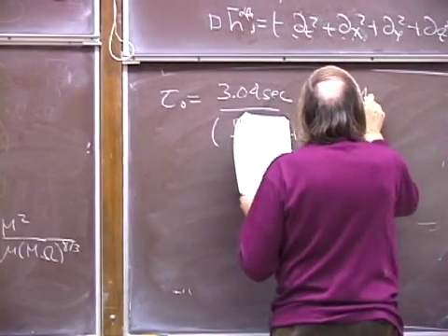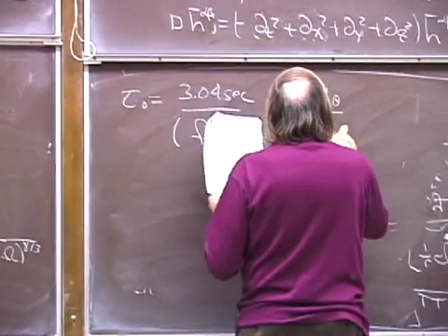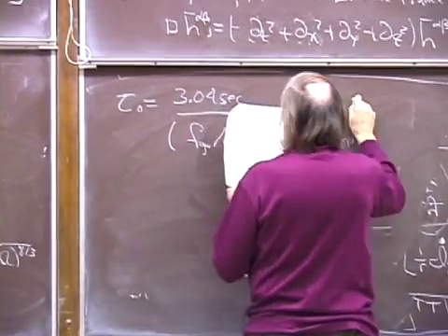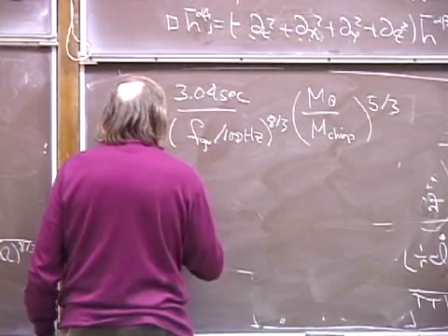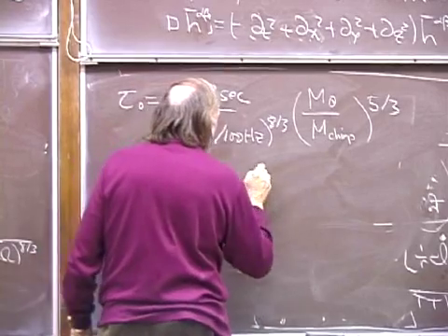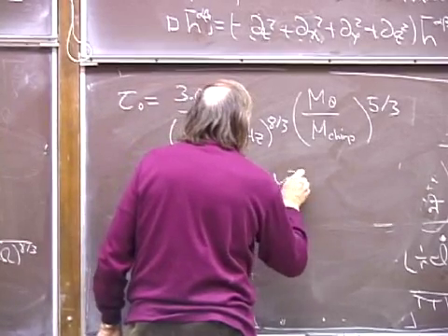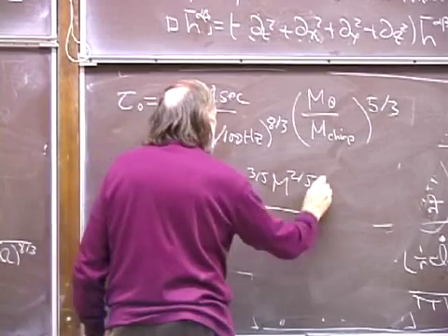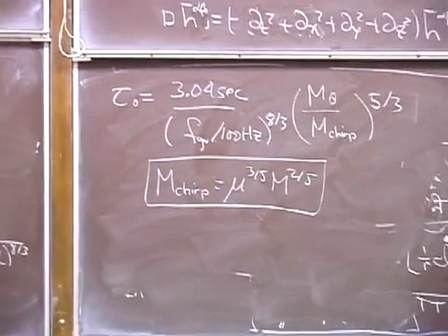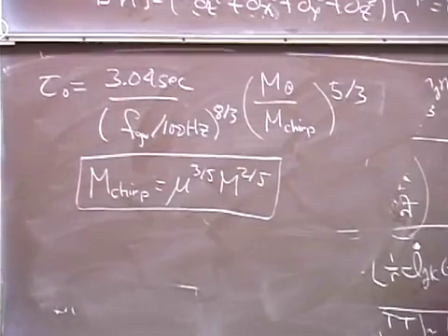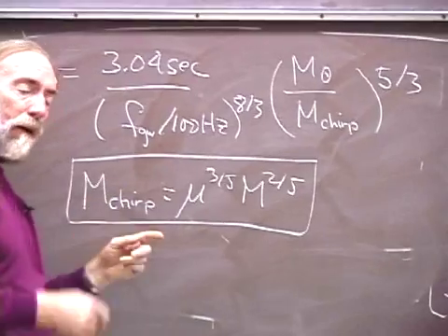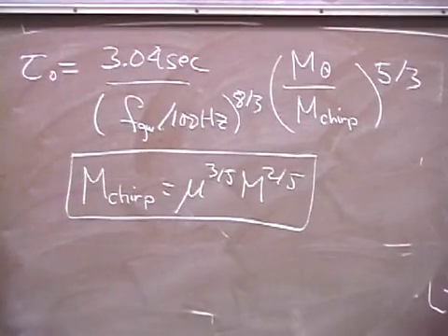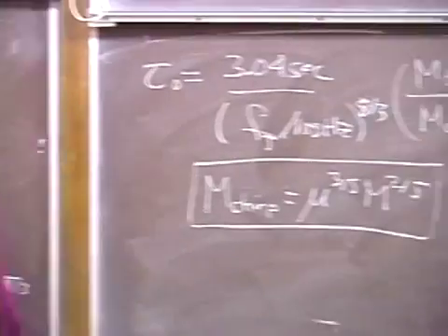Times the mass of the sun over what we call the chirp mass to the 5/3 power, where the chirp mass is mu to the 3/5, m to the 2/5. And it turns out that all the properties of the in-spiral in this mass quadrupole moment approximation are determined by the chirp mass. The chirp mass governs the rate at which the stars spiral together. And it's just the chirp mass that's appearing in this expression if you do a little bit of algebra for the time until merger.